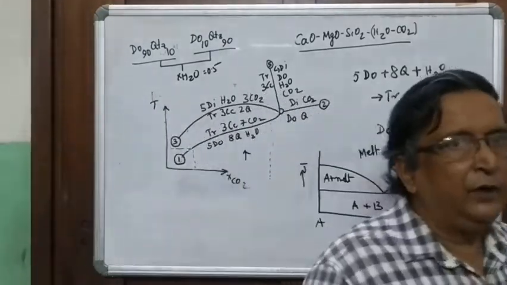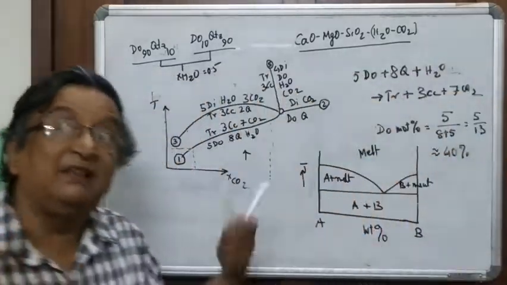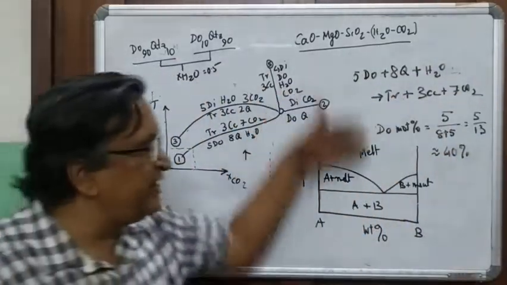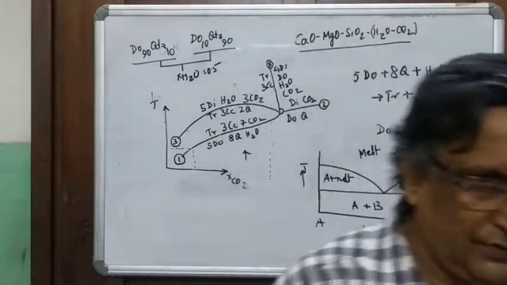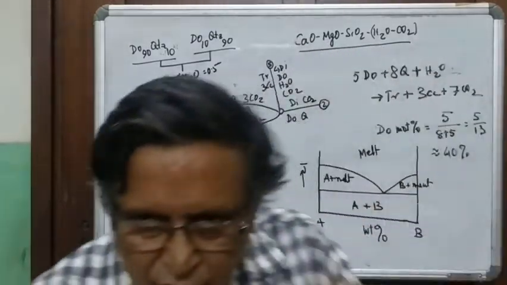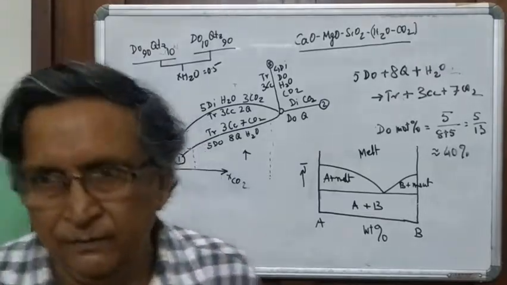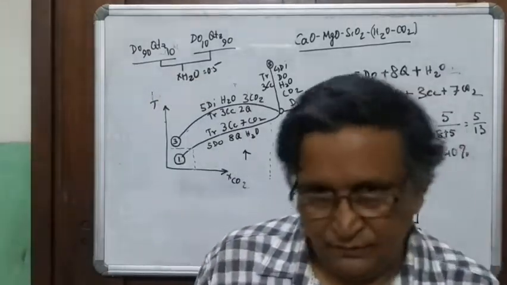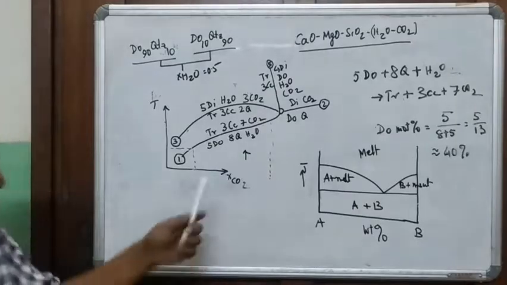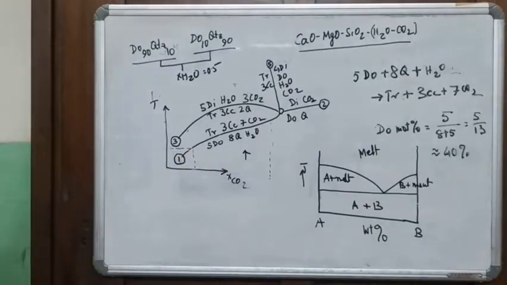I don't know whether you were ever taught what happens during melting. People normally talk of equilibrium crystallization. But when we talk of equilibrium melting, what happens is more tricky, and that is very important. And that's where you will find the similarity.